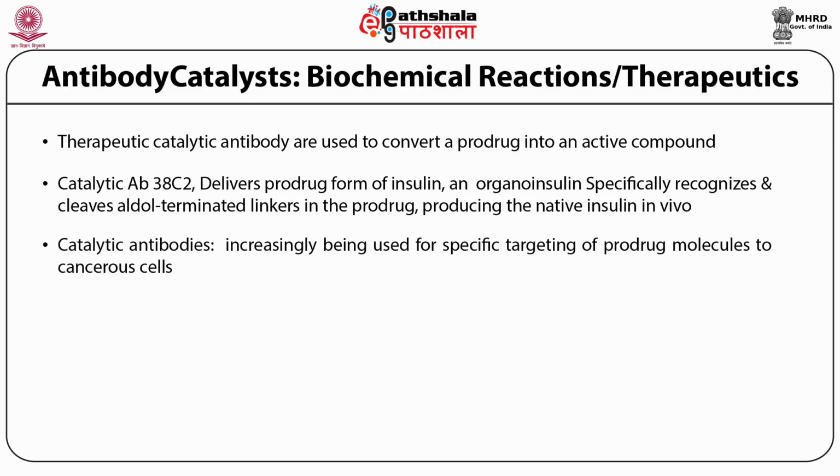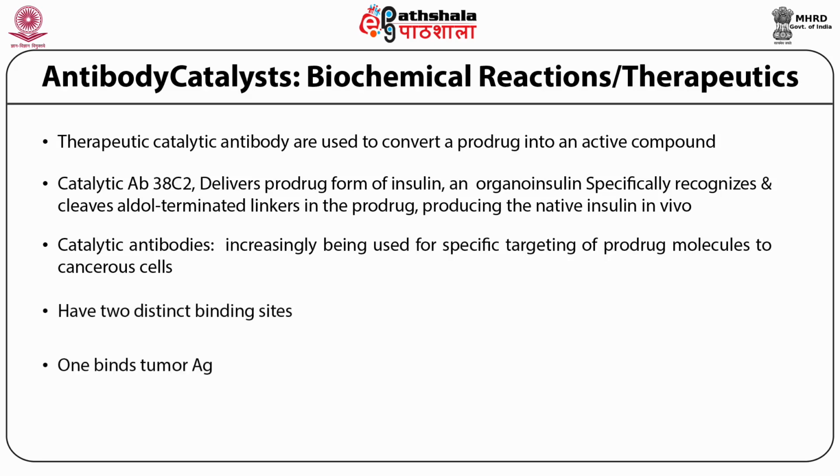So catalytic antibodies are increasingly being used for specific targeting of prodrug molecules to cancerous cells. So it has found application in anti-cancer drug therapies. So such catalytic antibodies which are being used in treatment of cancer have two distinct binding sites.